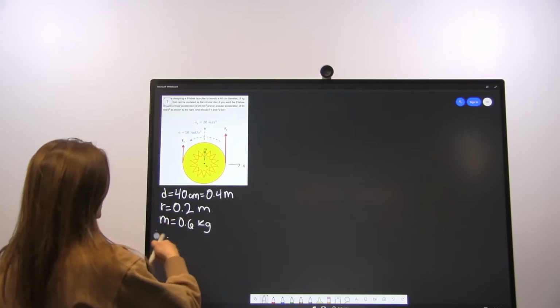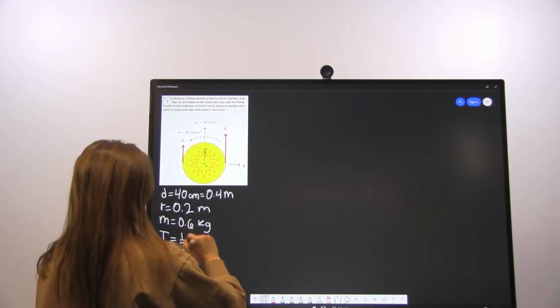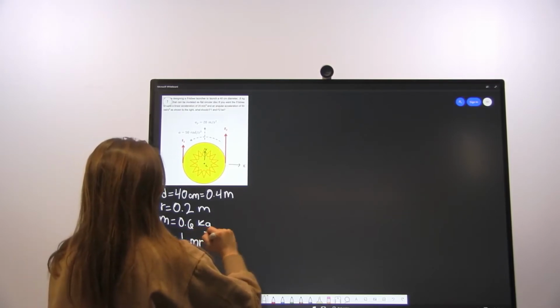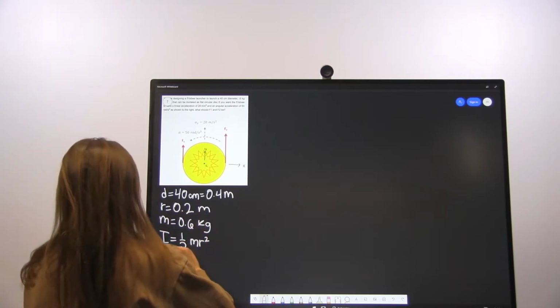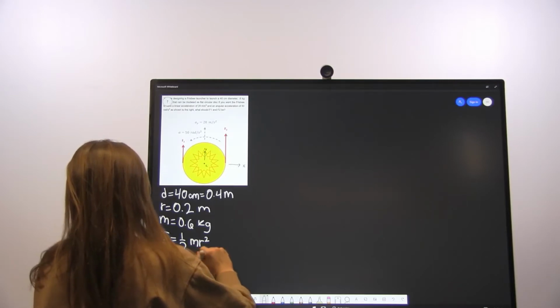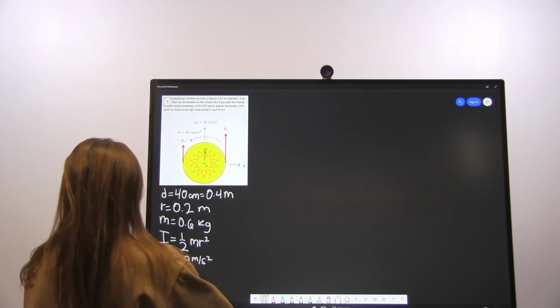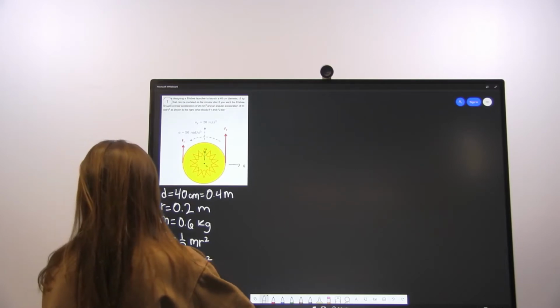So that gives us a moment of inertia, which is equal to 1/2 mass times radius squared. And then we have a linear acceleration of 20 meters per second squared, and an angular acceleration of 50 radians per second squared.